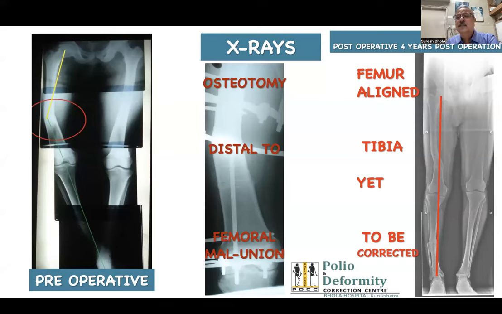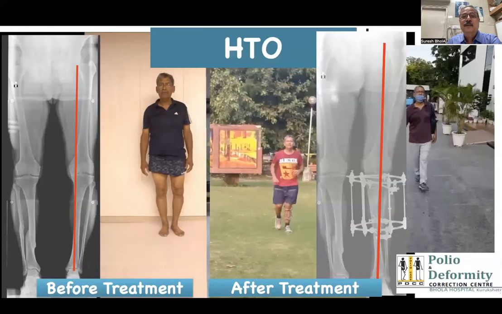These are the X-rays 4 years later. The tibia was still to be addressed, but the tibia united much more efficiently as the limb was put in mechanical axis, and he never turned up for his tibial correction.